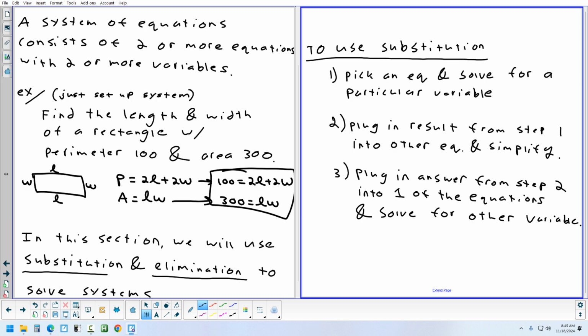Once you get your first letter, the second letter is pretty easy. The key to remember is you are finding two answers: one answer for L, one answer for W. Or, as you'll see in a sec, we're going to just call them X and Y.